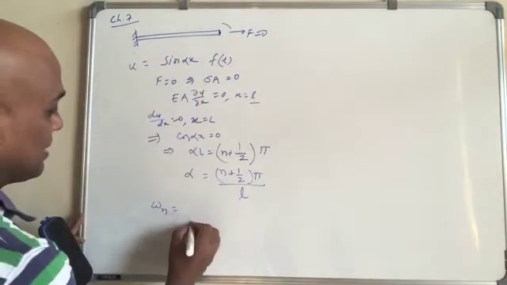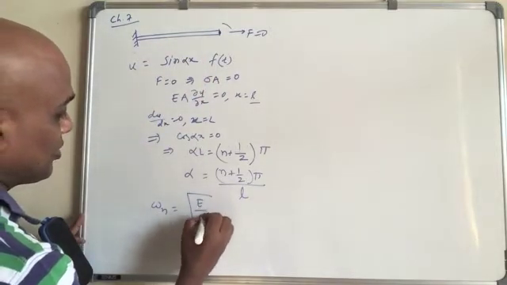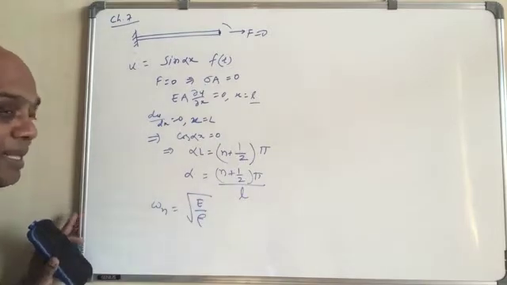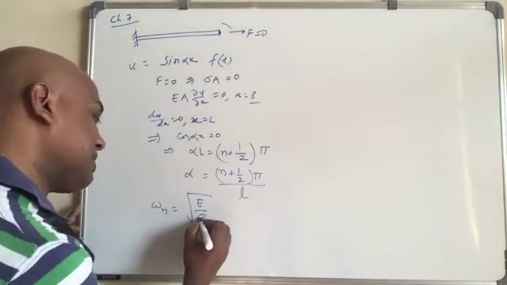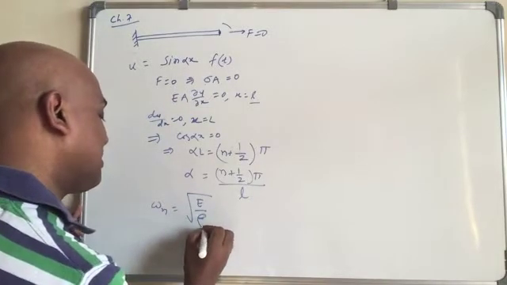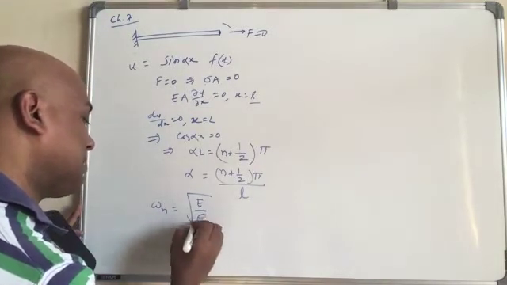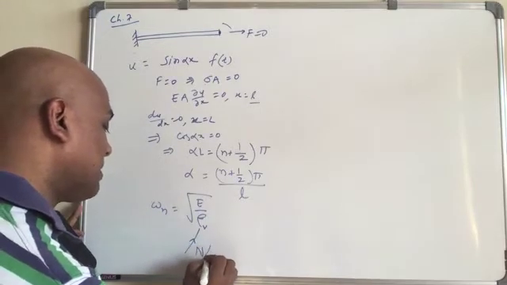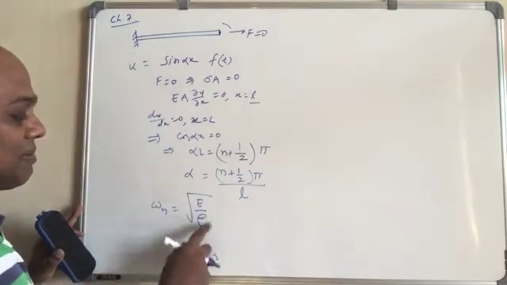For this one, it is root of E over rho. In the lecture video or in one of the tutorial videos, I specifically said that this will be in Newton per meter cube. This is a material property.